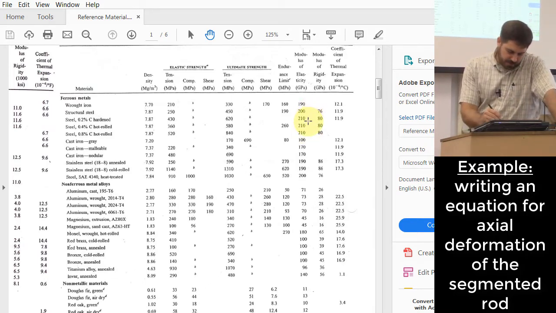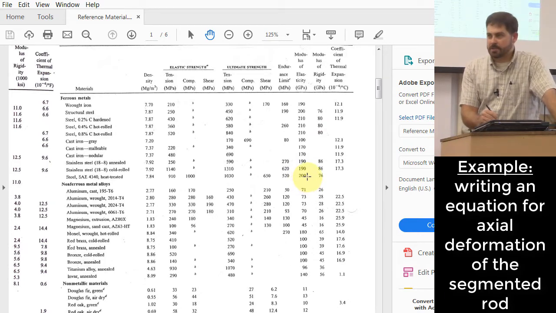So check out these moduli of elasticity. Structural steel says it's what? 200 GPa. It says it goes up to 210 GPa for some of these other steels. It's got another steel down here, 4340, at 200.